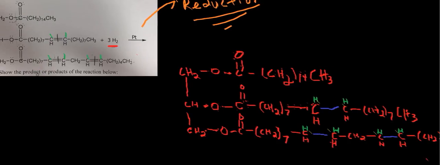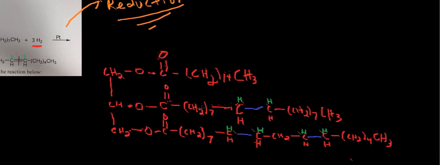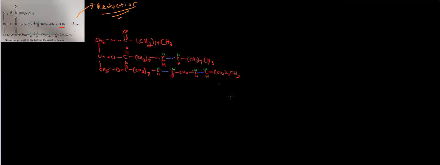We have 6 hydrogens right here. So that's our final product for this reaction of platinum with H2. This is the final product, and that is what we have.